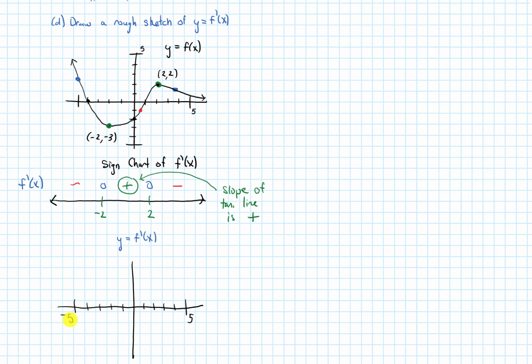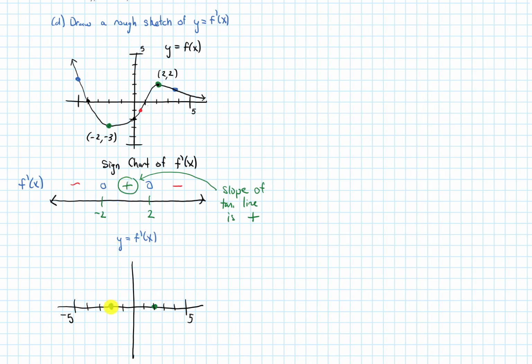I know that my derivative needs to be 0 when x is -2 and when x is +2. In between those numbers, my derivative is going to be positive.